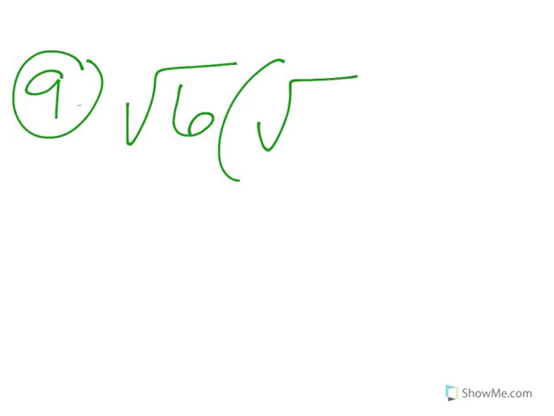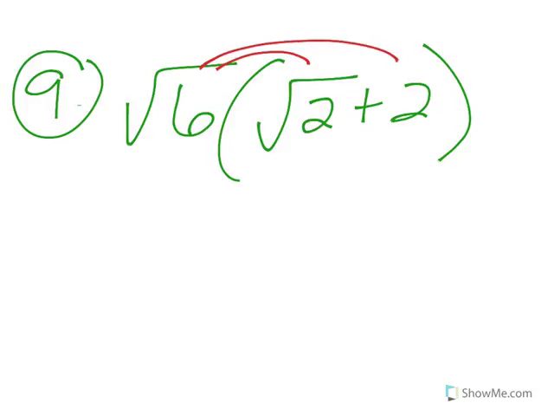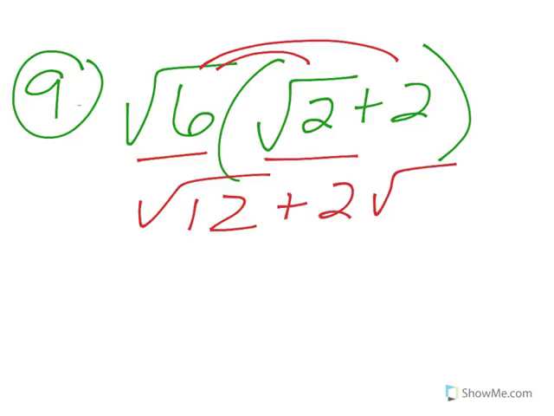Okay, next we have number 9. You have square root of 6 times the square root of 2 plus 2. Okay, so you're going to distribute this. You have 2 square roots, so we can do square root of 12. And then the whole number 2 goes on the outside. Then we have 6. Then we see if we can simplify this.